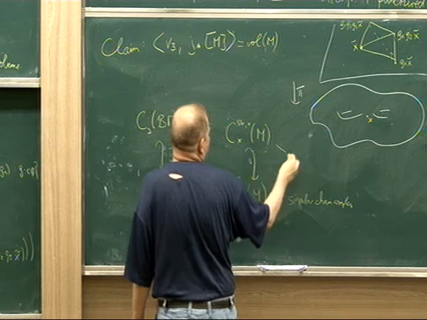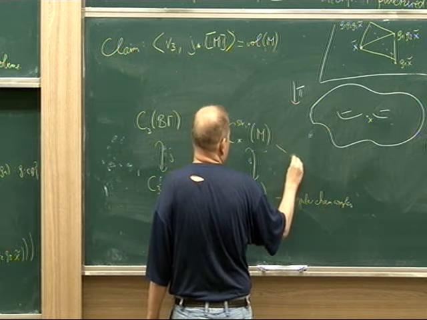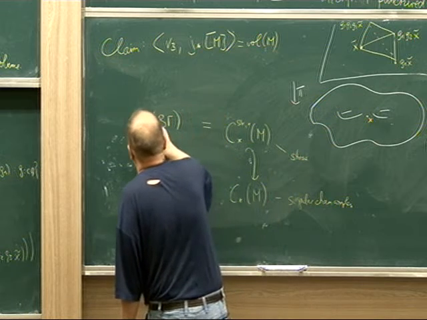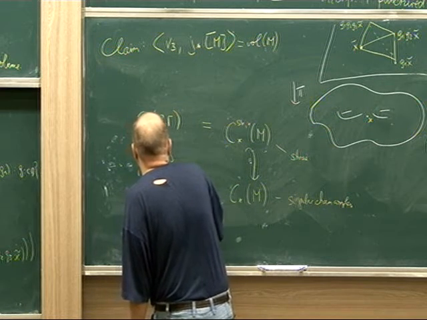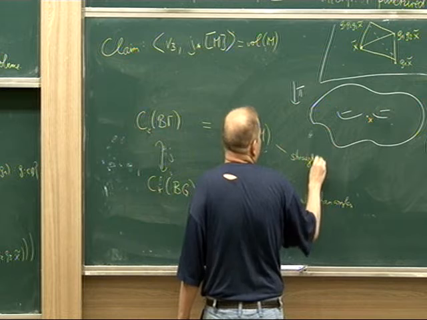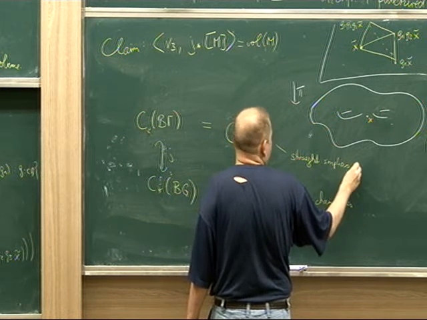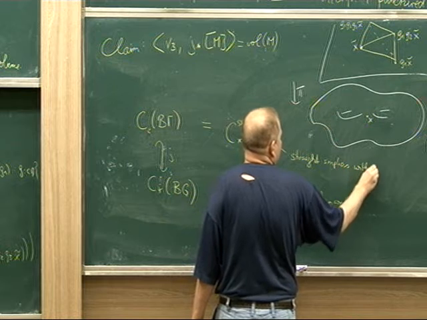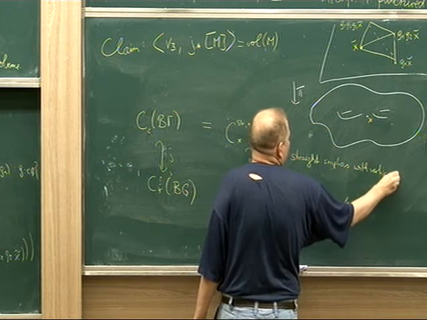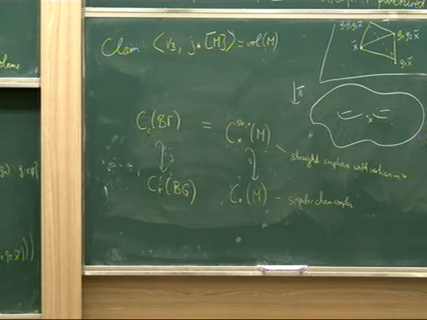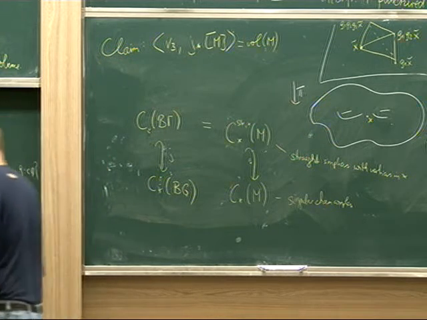Let us consider the complex of straight simplices with vertices in X. Why is this the same?